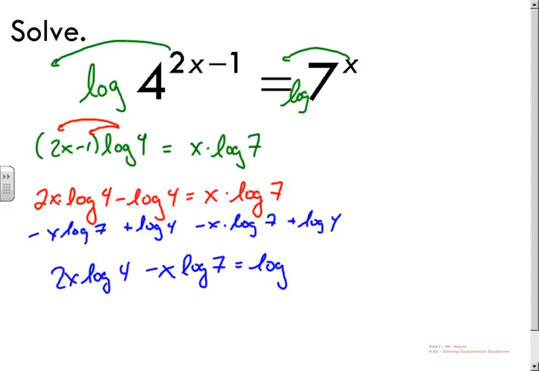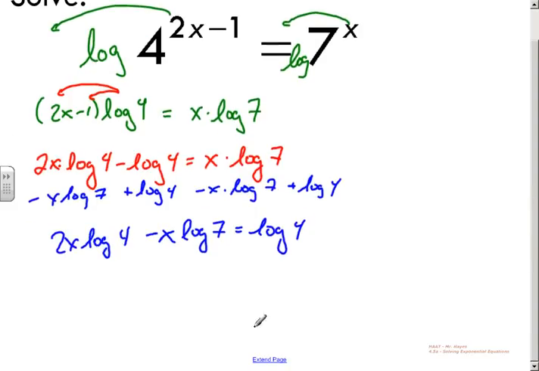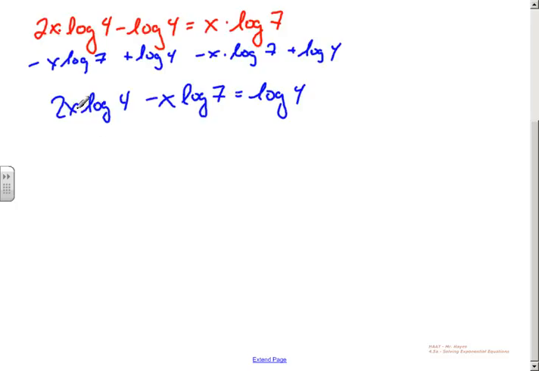Now you may be asking, why didn't I just move this term here to the other side? Partly because I've got this negative out here in front of the log, which I suppose wouldn't have been that big of a deal. But sometimes those things can get messy, and oftentimes people will forget that. Either way, you're going to have to end up factoring out this x right here.